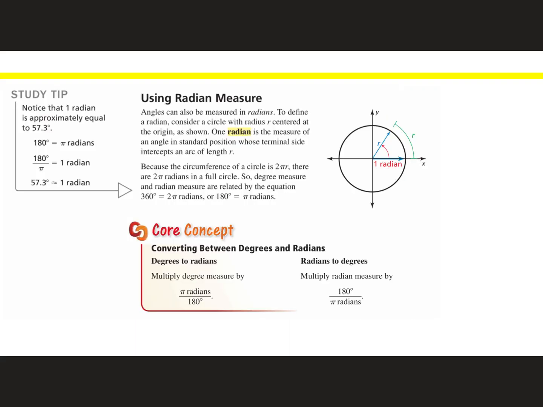Next, we're going to talk about radian measures. So radian is the measure of an angle. So we can measure angles in radians or in degrees. It's just another unit of measure.